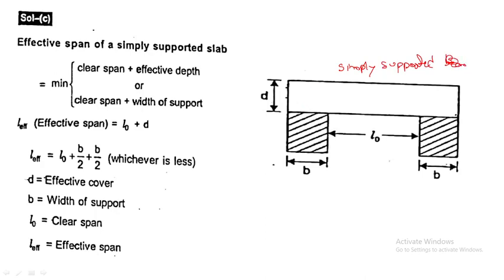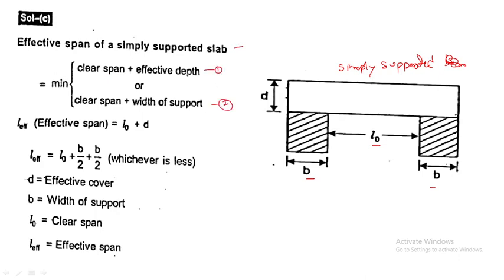Now this is the effective depth, this is the clear span, and this is the width of the support. Now the effective span of a simply supported slab is the minimum value, that is the first case, you have to remember first, and this is the second.